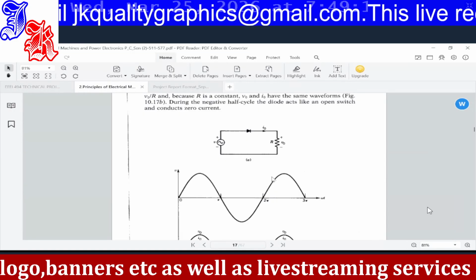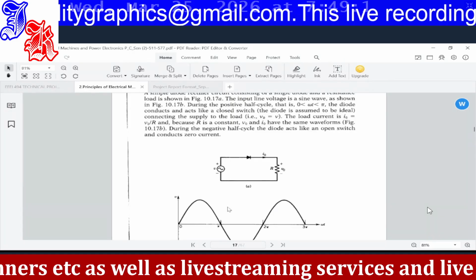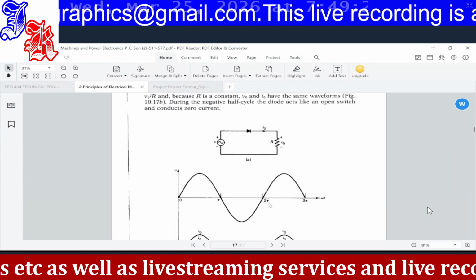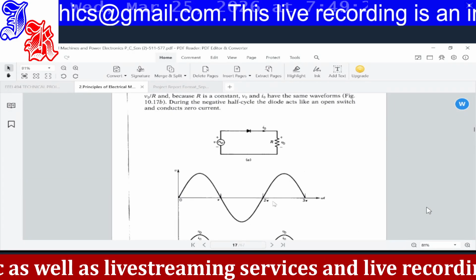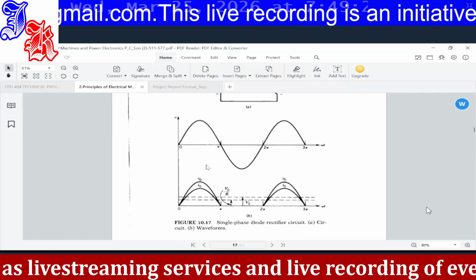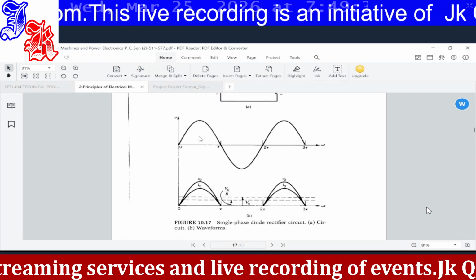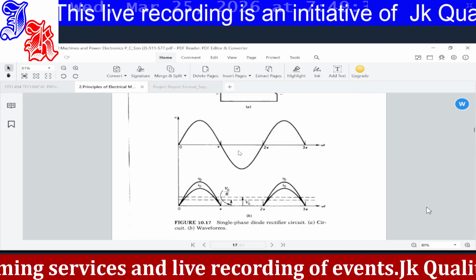So it allows only one direction. If it is connected to allow the positive, it will block the negative side of the sinusoidal wave. So for diodes, we don't have control, so it will just allow the whole of that positive part to pass.